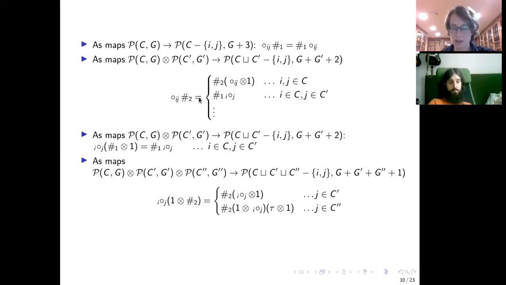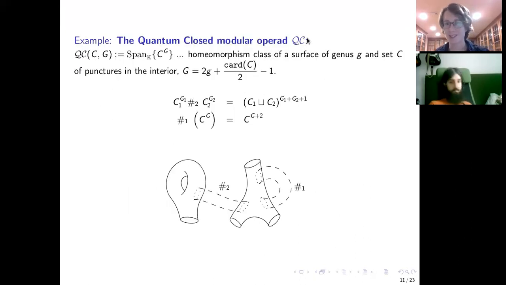Basically the axioms are telling us what we would naturally expect, like how to exchange the order between what we are doing in the connected sum and what we are doing in the modular operad composition. Now everyone could be like, okay, it's a lot of axioms and I have no idea what she's talking about. So a geometrical picture which you can have is very nicely seen on the examples.